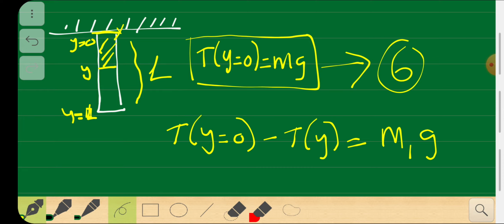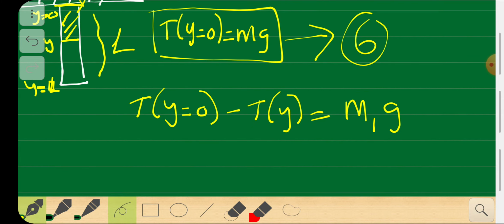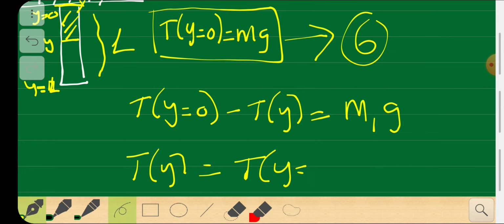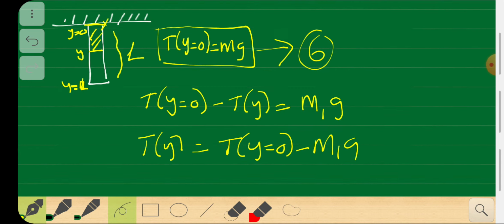So you can clearly say that T of y must be equal to T of y at 0 minus m1g, right? So that will be the tension right there.